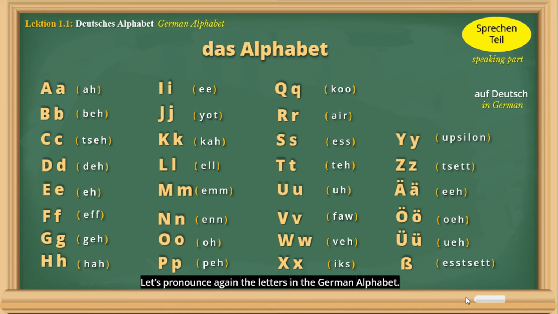A, B, C, D, E, F, G, H, I, J, K, L, M, N, O, P, Q, R, S, T, U, V, W, X, Y, Z, Ä, Ö, Ü, ß.